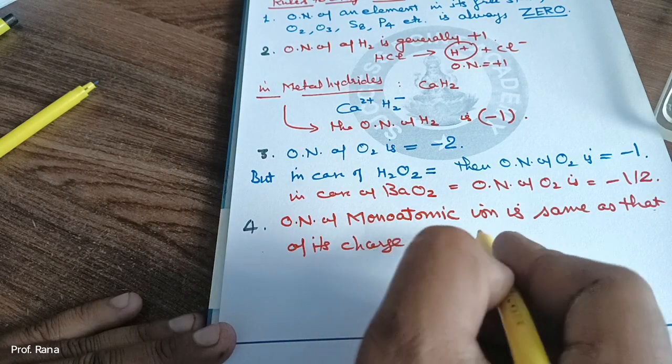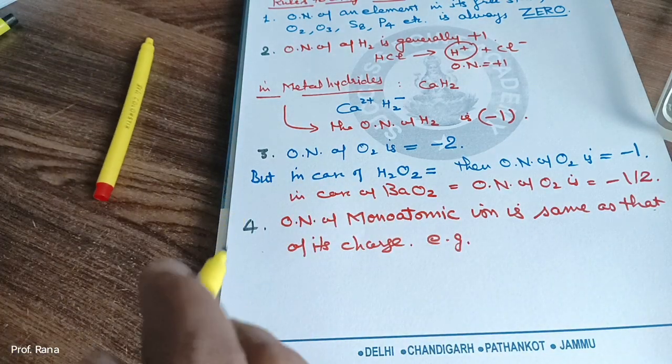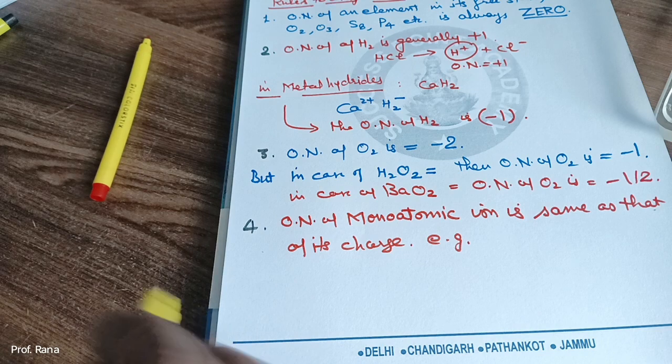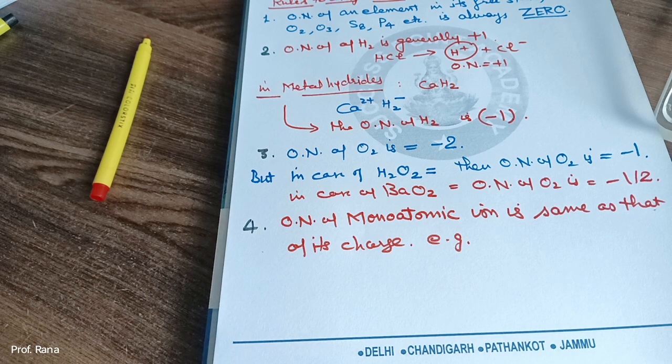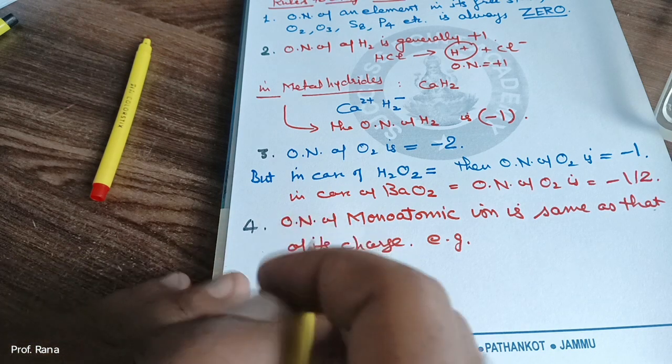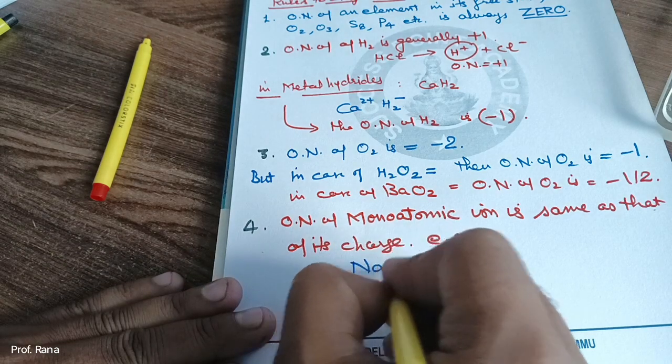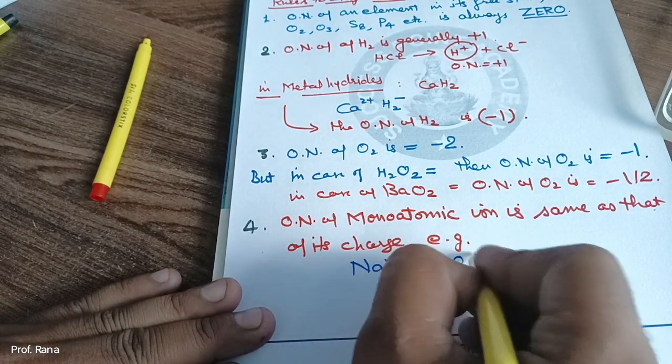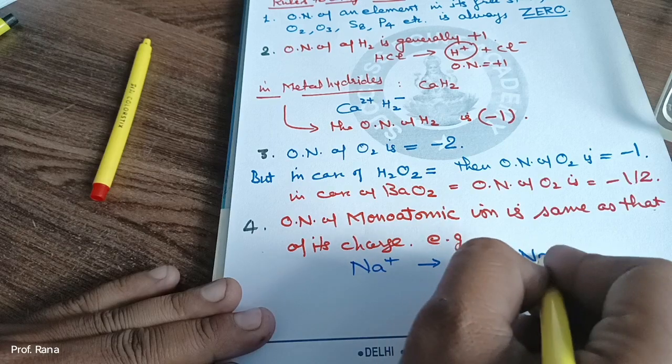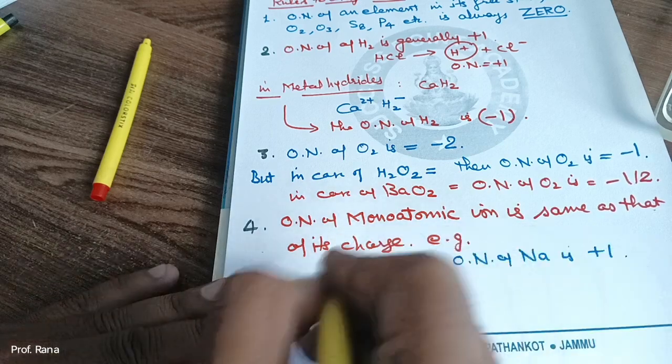For example, we have Na positive or K positive. So in case of Na positive, the oxidation number of sodium is +1 here.